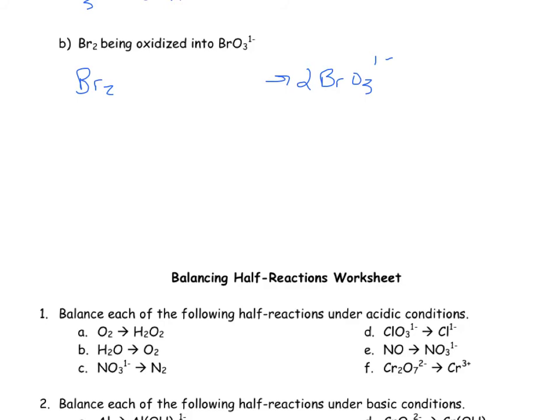That means to balance my oxygens, I'll need to add 6 waters onto the left-hand side. And 12 H pluses in order to balance my hydrogens. Now that all the atoms are balanced, let's change it into a basic reaction by adding 12 hydroxides to both sides.